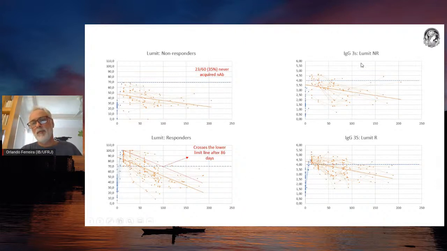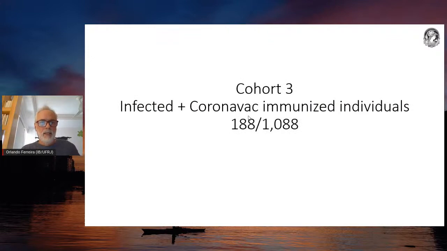This is a similar graph, but using the IgG. You see that the IgG level among the responders is higher than among the non-responders. Cohort 3 represents the individuals that were infected and then were immunized with CoronaVac.